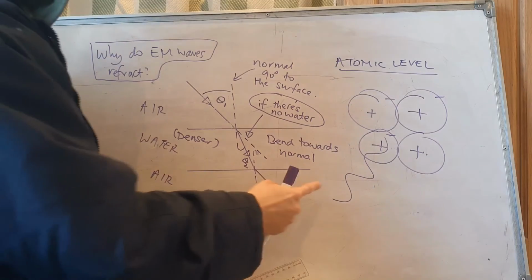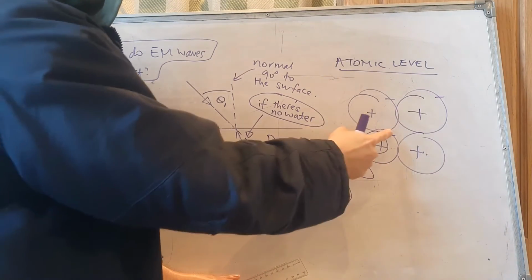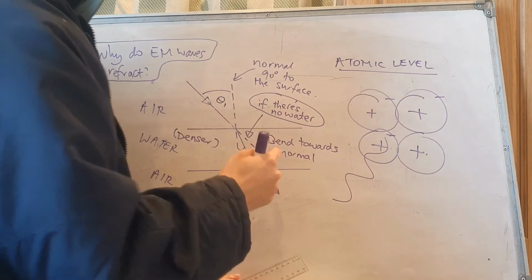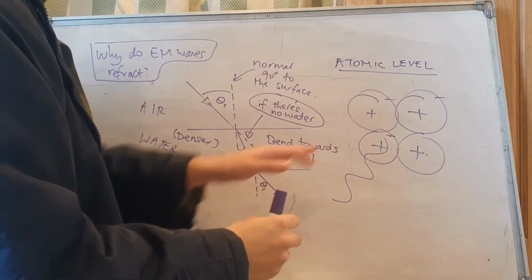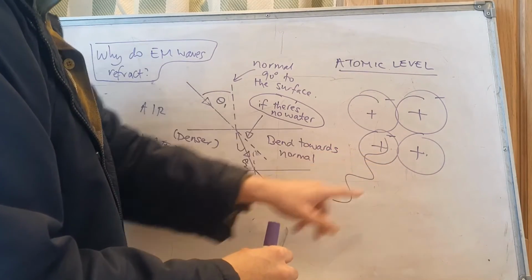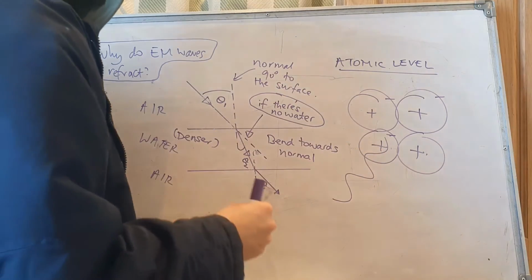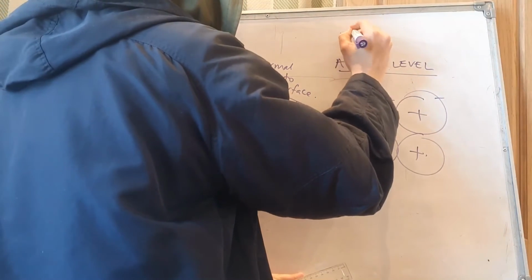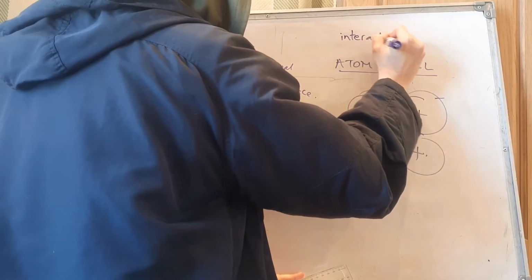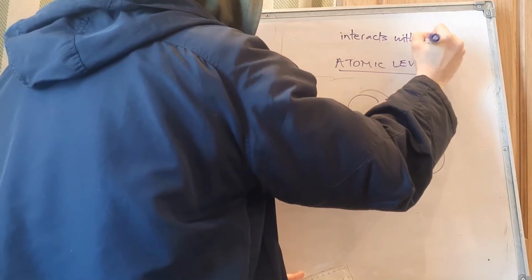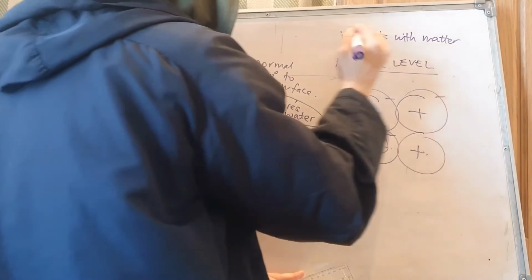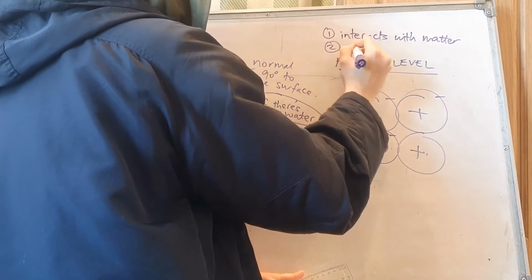What happens is that this light ray will interact with the electrons. Generally, if you didn't talk about the atomic level, because light interacts with matter, it just slows down.